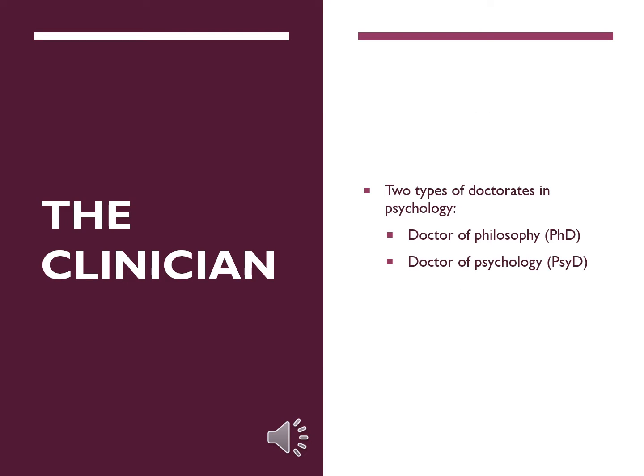If you go all the way through your highest degree, there's two types of doctorates that you can be awarded. There's a doctor of philosophy and a doctor of psychology. The doctor of philosophy is going to give you a PhD. The doctor of psychology is going to give you a PsyD. So with the philosophy one, you can get a philosophy in psychology. So my doctorate is a doctorate of philosophy in psychology.